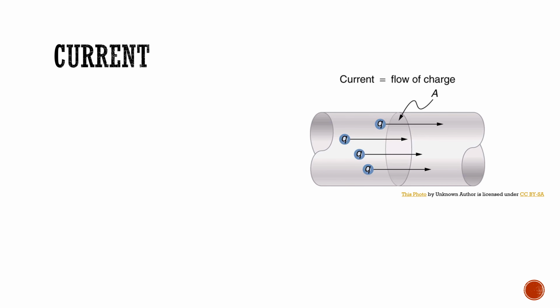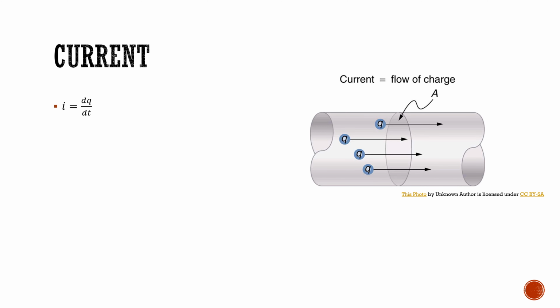The motion of charge creates an electric fluid or a current. We say current is the flow of charge or the rate of charge flow and is the measure of the amount of charge or the number of charged particles that pass a point per unit time. In circuit theory, current flow is generally thought of as the movement of positive charges.